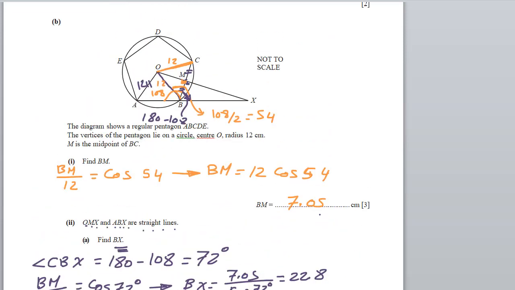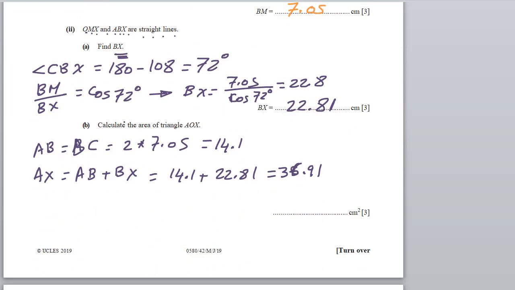36.91. Now the triangle OAX, this angle here again 54, so it's a half. So area is equal to half multiplied by 12 multiplied by 36.91 multiplied by sine 54. Sine angle 54. Okay.